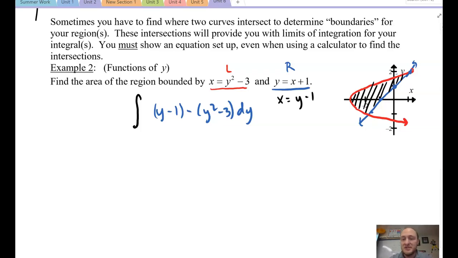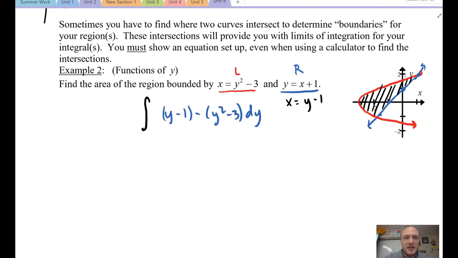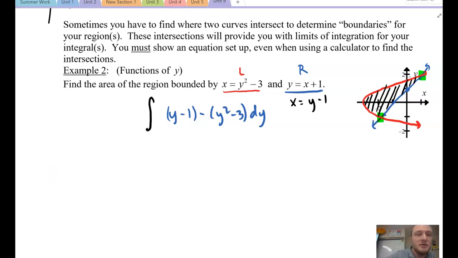Now you'll notice what's missing in this integral is the bounds. I don't have a lower bound, I don't have an upper bound. So what we have to do is find out where they intersect. I need to know where they intersect here, and where they intersect here. So how we do that is we set the functions equal to each other and then we solve. Over here I'll write y squared minus 3 is equal to y minus 1, where they're both equal to x.